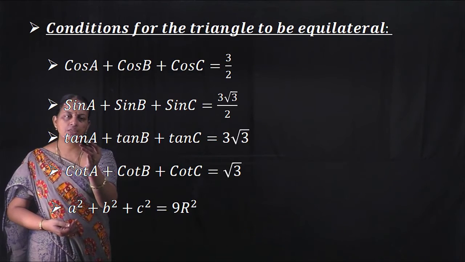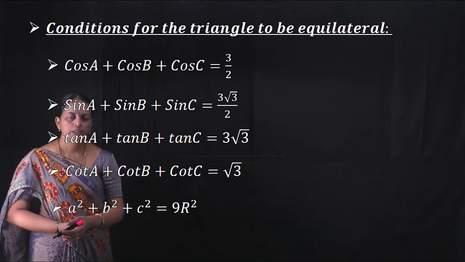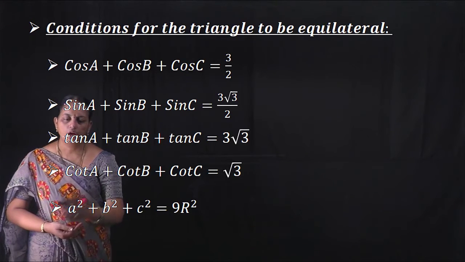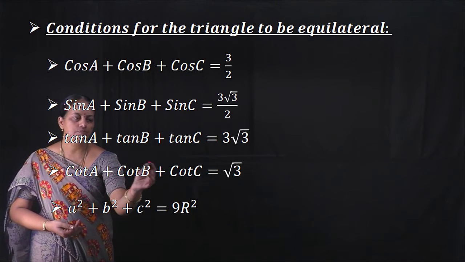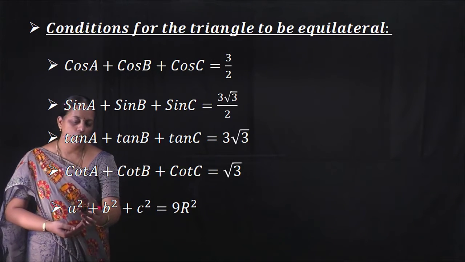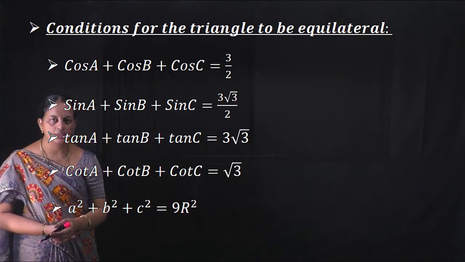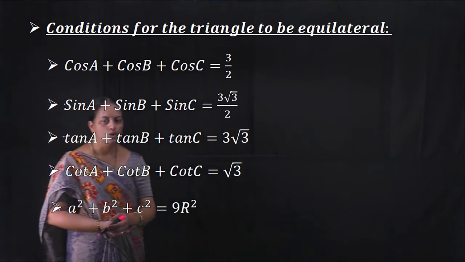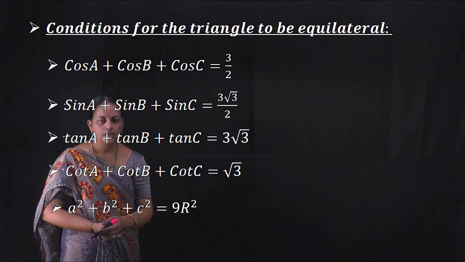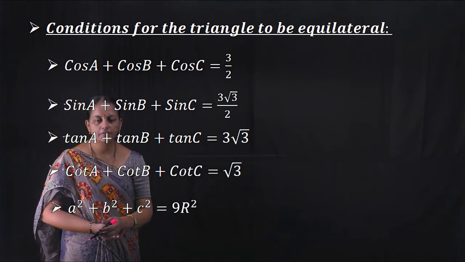And the next one is if tan A plus tan B plus tan C is equal to 3 root 3, then the triangle is equilateral. And the other one is cot A plus cot B plus cot C is equal to root 3, then the triangle is equilateral. And the last one is if a square plus b square plus c square is equal to 9R square, then the triangle is equilateral. You must remember all these conditions. Already we derived these conditions in previous sessions.